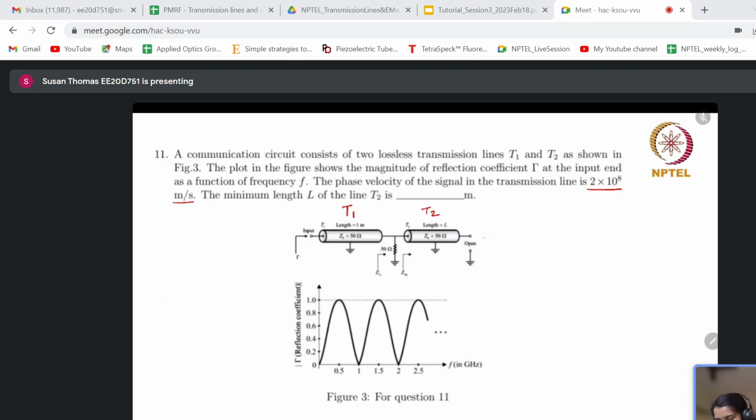So we see that there is an open circuit connected at the load end. Maybe I can denote it better. So this is Zi1 and Zi2.